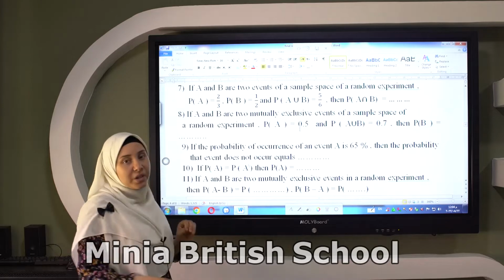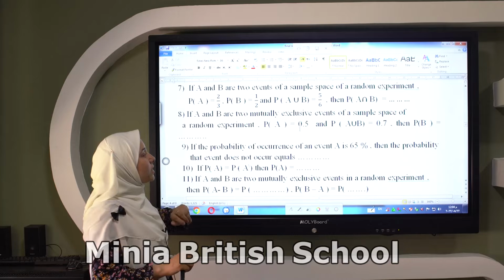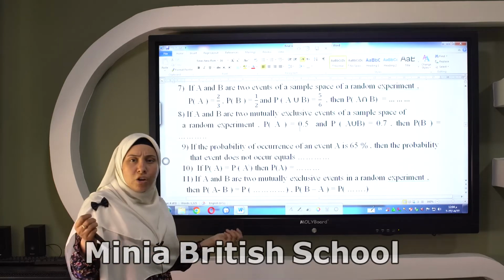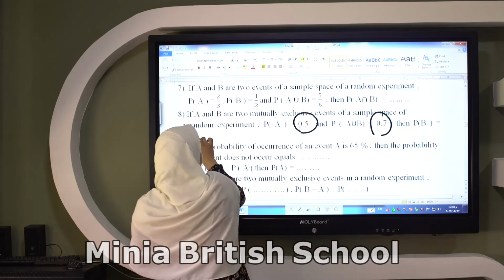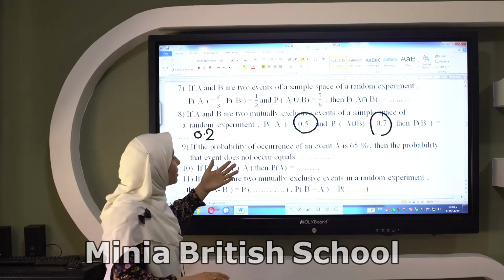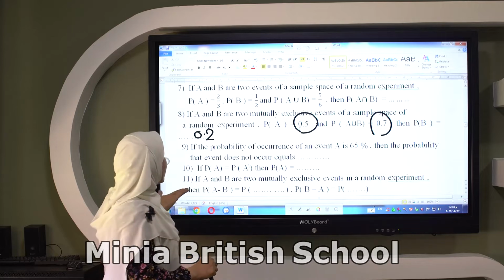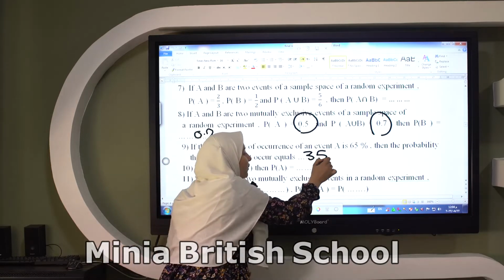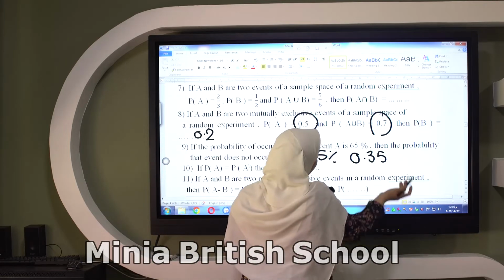Number 8: if A and B are mutually exclusive events of a sample space of a random experiment, P(A) equals 0.5 and A union B is 0.7, then the probability of B, yes, mutually, so 0.7 - 0.5 equals 0.2. But in number 9, if the probability of occurrence of an event A is 65%, then the probability that the event doesn't occur equals 35%, or 0.35.